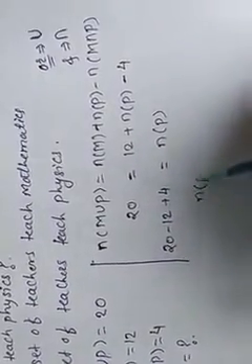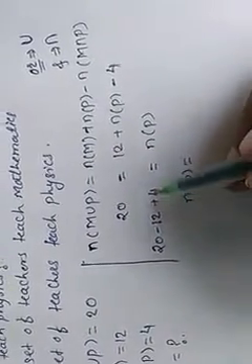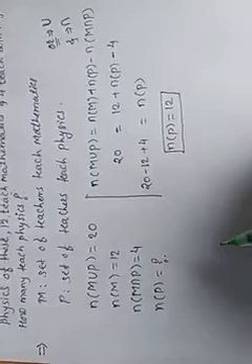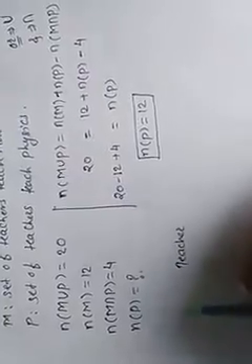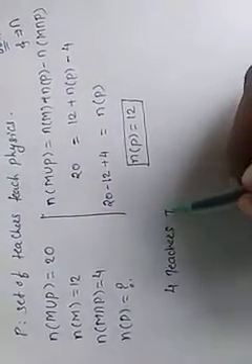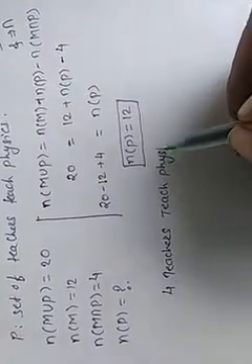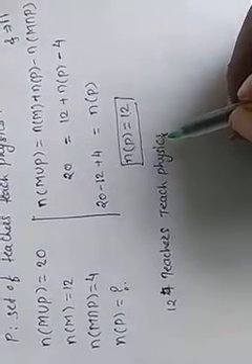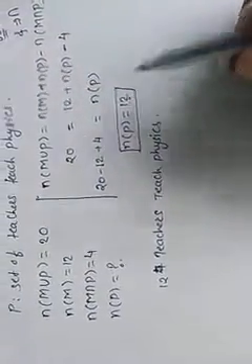So n of p is equal to 20 minus 12 is 8, plus 4 is 12, so n of p gives us 12. Sorry, it is 12 teachers who teach physics, which is our required solution. So here we get n of p is equal to 12.